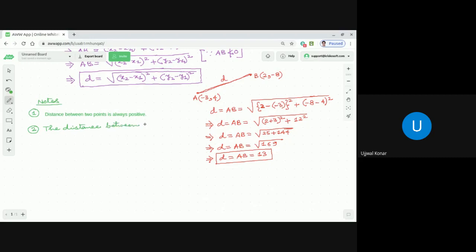The distance between origin and a point P (x, y) is square root of (x minus 0) whole square, correct? Because the coordinate of the origin is 0, 0, that is square root of x square plus y square.